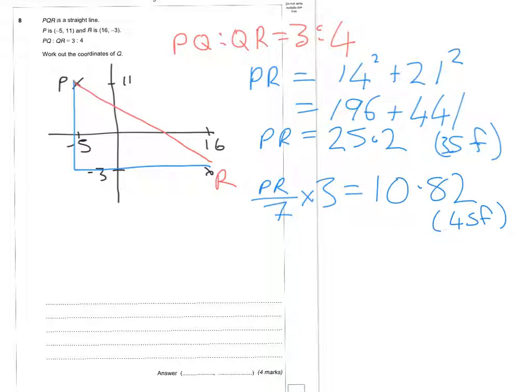Okay, so now I can work out, so Q is somewhere here, and that is 10.82.